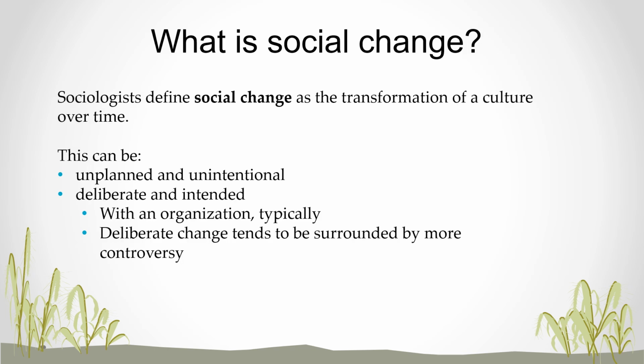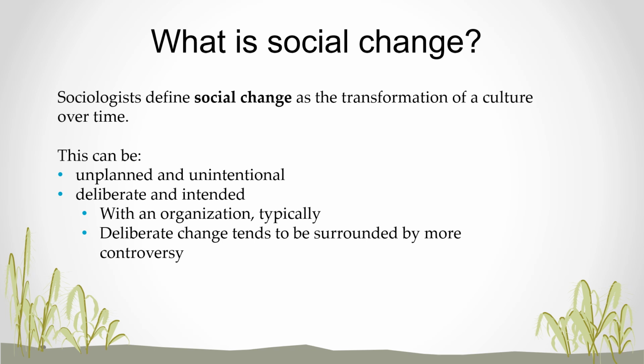Sociologists define social change as the transformation of a culture over time. This can be unplanned and unintentional, and certainly a great degree of social change is unintentional, but the social change that's most interesting to sociologists is deliberate and intentional.